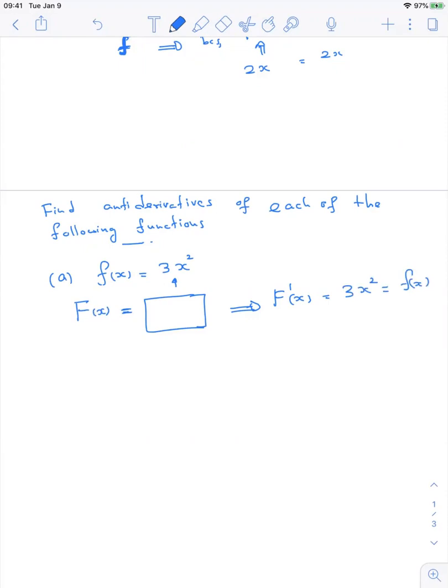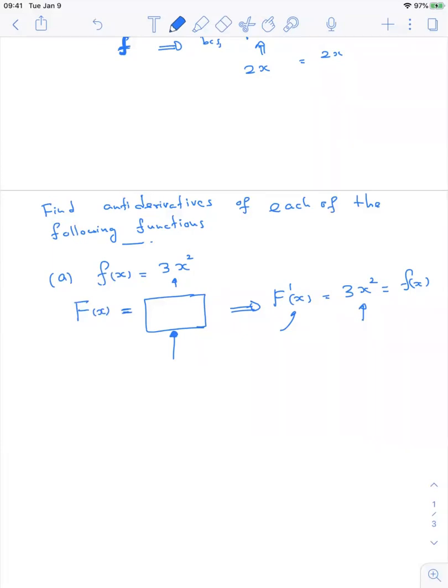So this is what you should have. Now you have to find the function that you should put inside this box. When you take that function and differentiate it, you will get the answer 3x squared. Now what is that function?